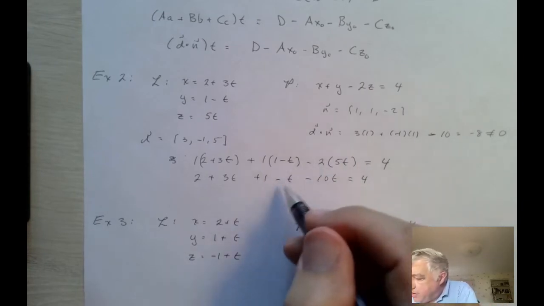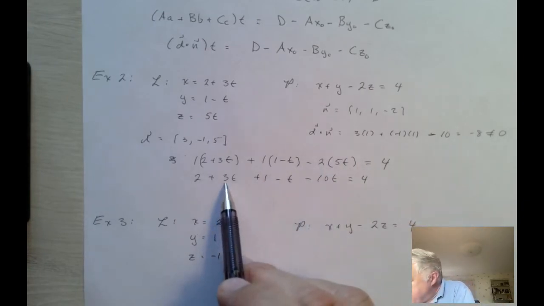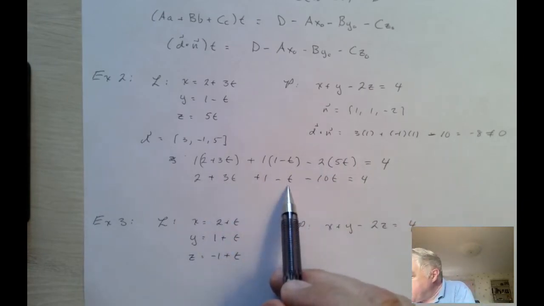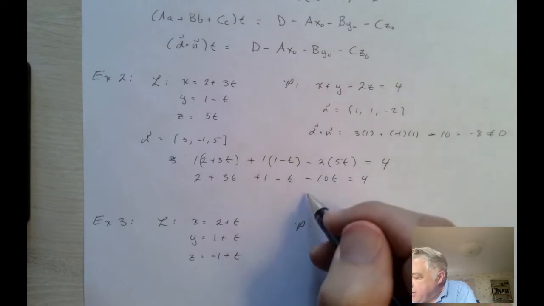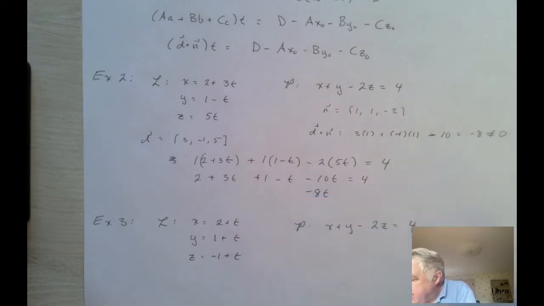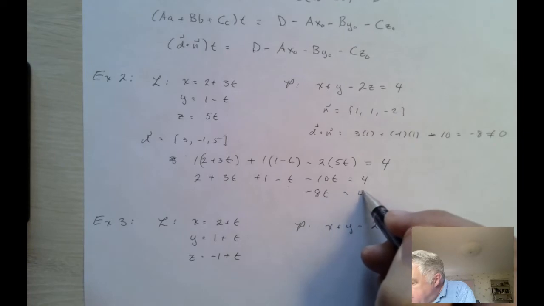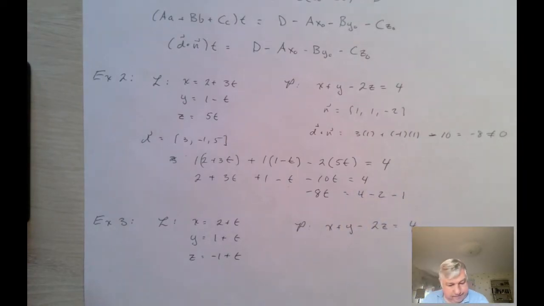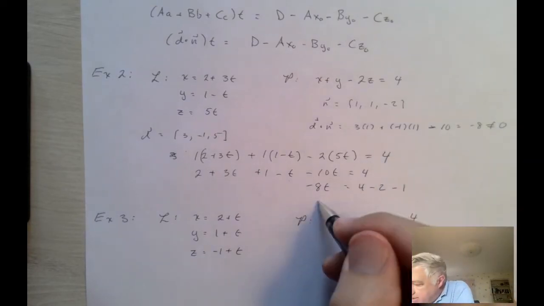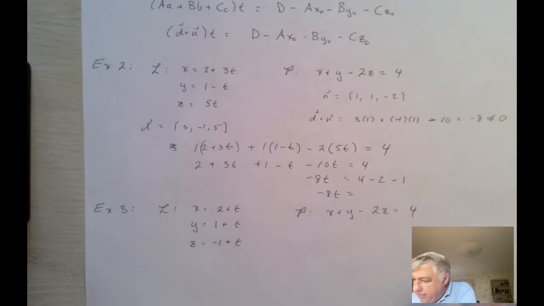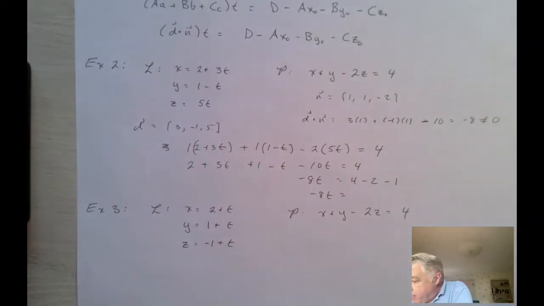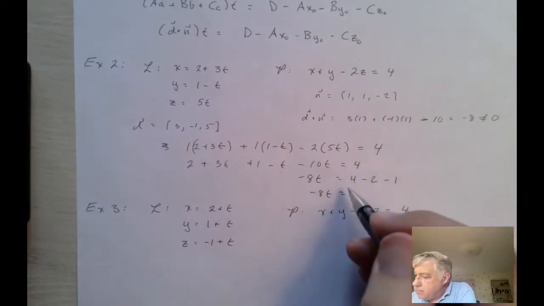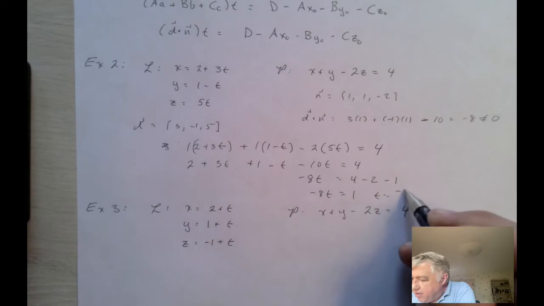The 3t minus t is 2t, and 2t minus 10t is minus 8t, so it's minus 8t equals 4 minus 2 minus 1, which is 1, so t equals negative 1/8.